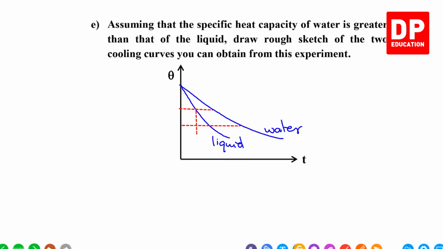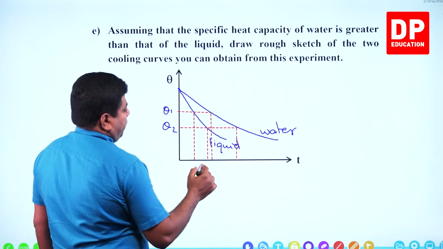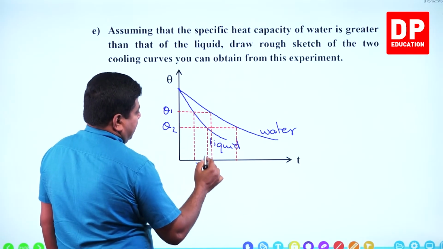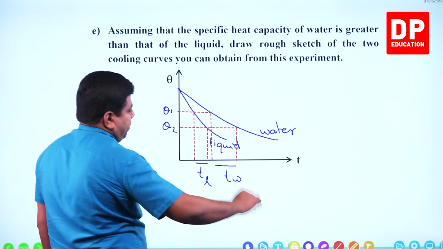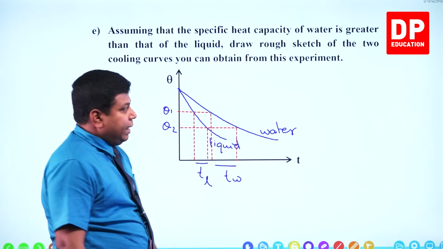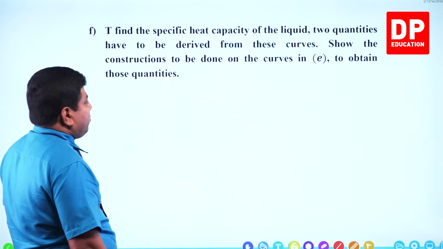Then the time. Theta 1, theta 2, T, this is for liquid. This is for TW. Okay. Next.